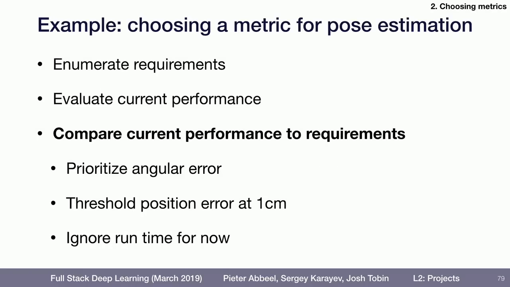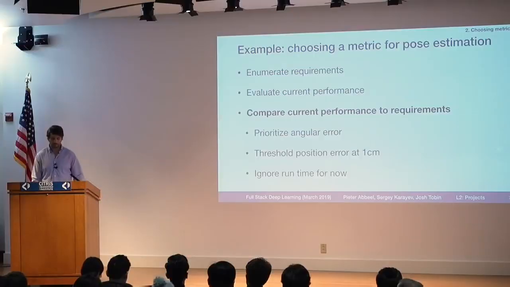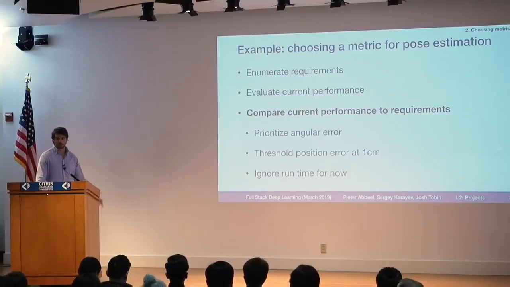Well, I think a reasonable choice would be, since the angular error is so far off, let's choose that as the single metric that we're going to optimize. But let's threshold the position error. We don't want the position error to get worse, so we're going to throw out models that have position error greater than 1 centimeter. And we're also going to ignore runtime for now, because the angular error is just so bad that we want to get that number down, and then we'll figure out how to make it run in real time later.